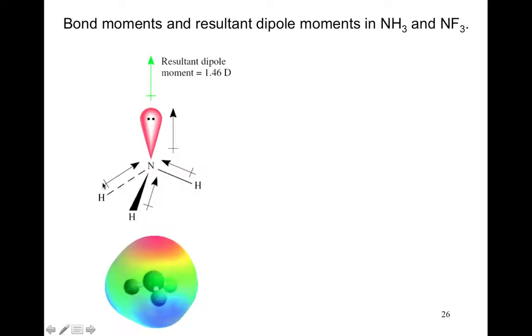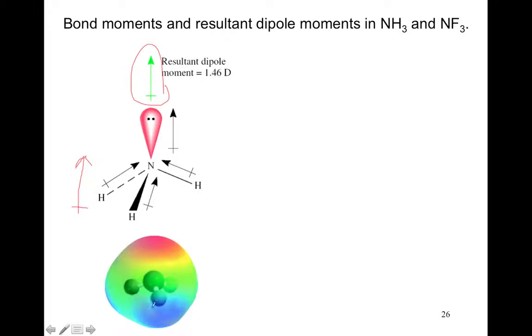And so we look at these vectors and we're like, okay, we got up, up, up, up. So overall, I would say this molecule would have something that looks like this for a crossed arrow notation. Pretty much heading up to those valence electrons up there, and that's the resultant dipole moment. So your answer would be, yeah, this is a polar molecule, and this is the direction of its polarity.